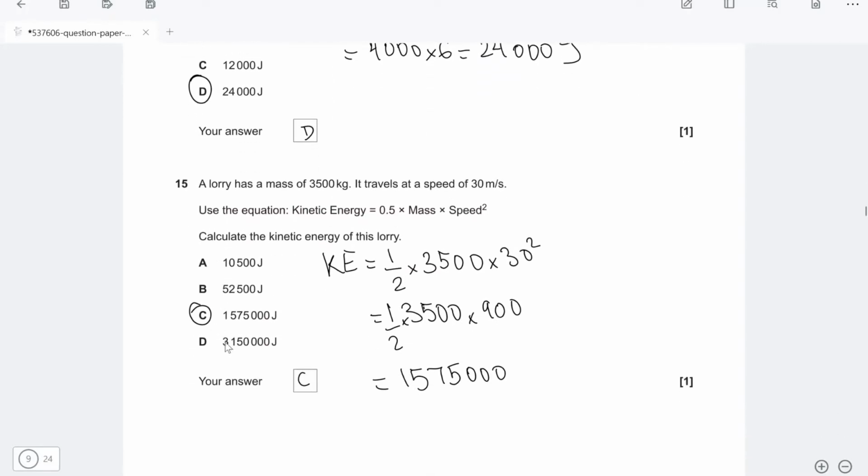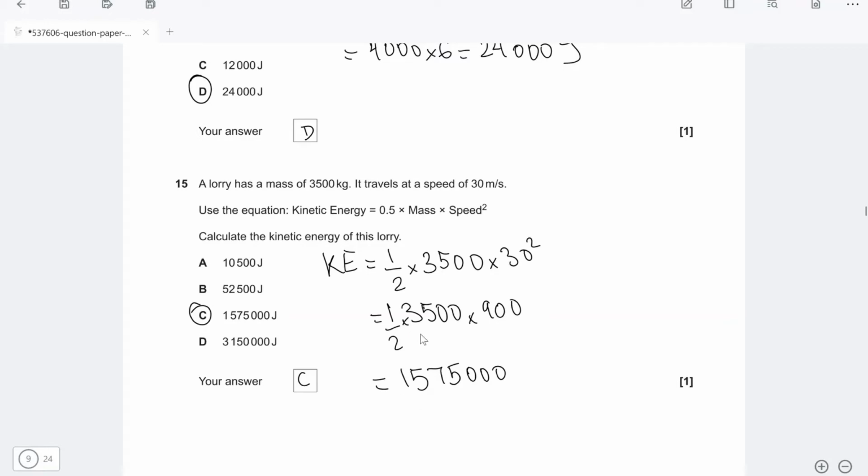Question 15. You have a lorry with a mass of 3,500 kg and it travels at a speed of 30 meters per second. Calculate the kinetic energy of this lorry. Our formula for kinetic energy, as it says over here, is a half times the mass times the speed squared. Rather than 0.5, I just used a half. So if it's moving at 30 meters per second, that will be a half times 3,500 times 30 squared, which is 900.